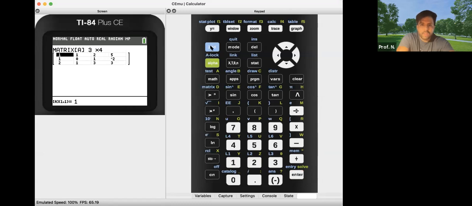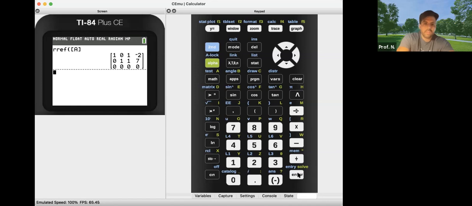And then second matrix, second quit, second matrix. We'll row reduce echelon form, A, and look what I get. I get 1, 0, 1, negative 2, 0, 1, 1, 7, 0, 0, 0, 0.